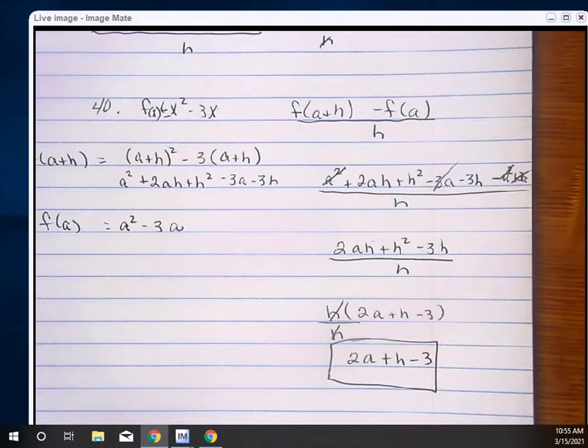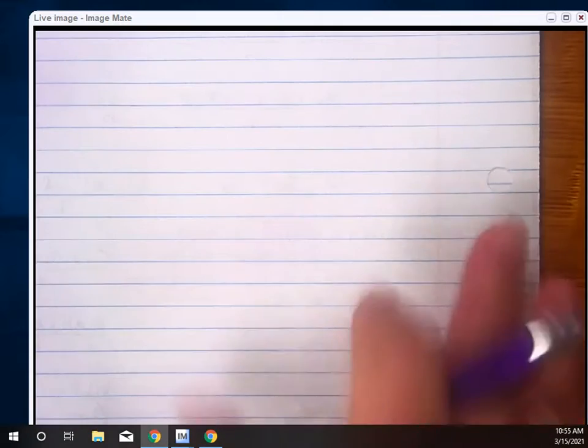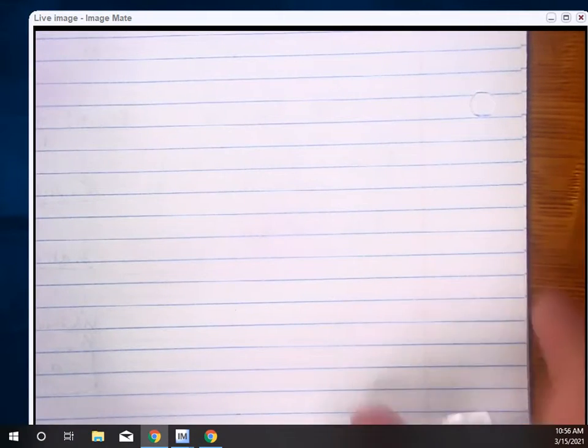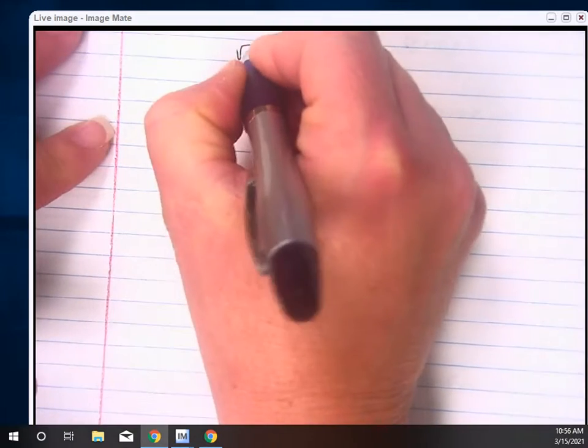Do you want to see another example of that one? Determine the domain and the range. The square root of x.